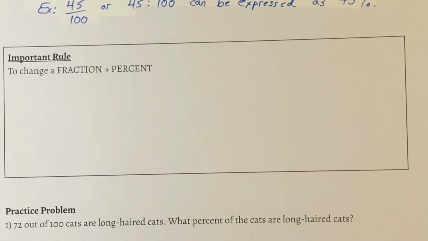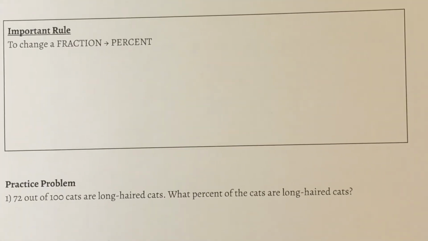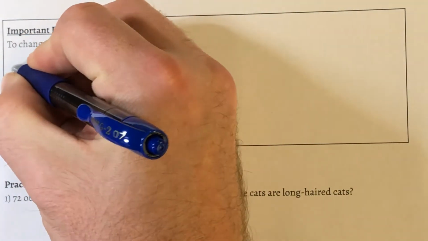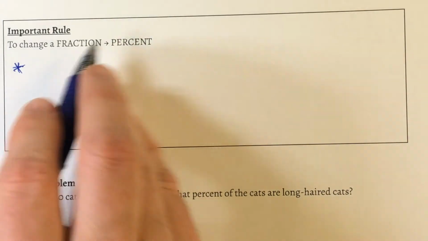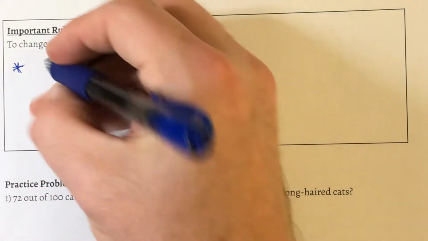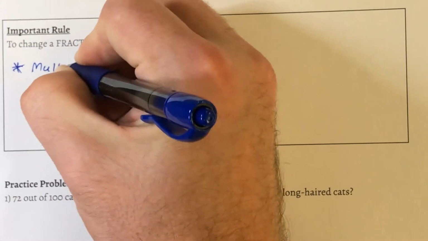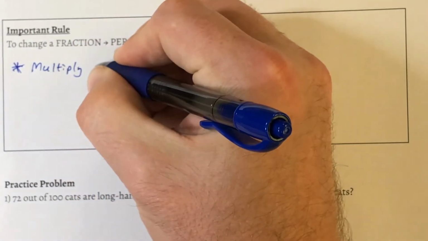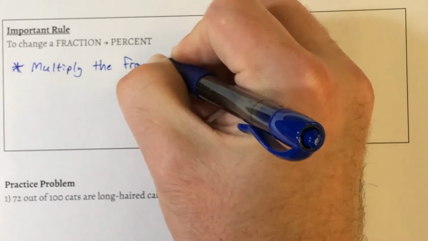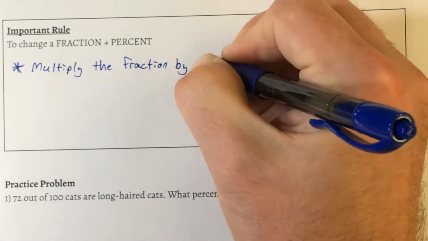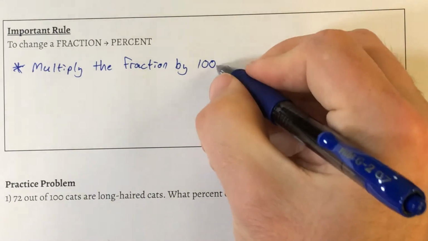All right, we're going to go over our first very important rule, how to change a fraction to a percent. There's a couple different ways you can do this, but our primary rule is if you want to change a fraction to a percent, you multiply the fraction by 100.